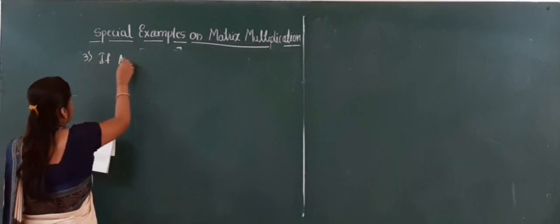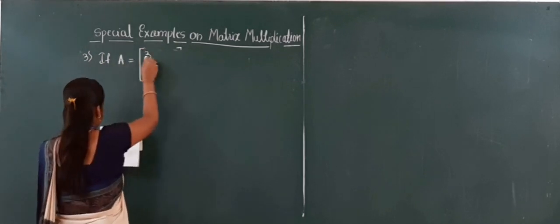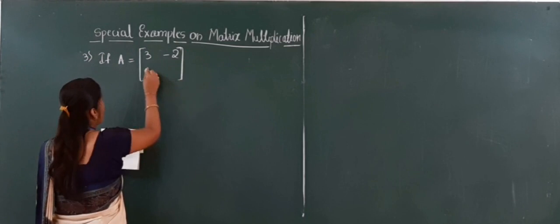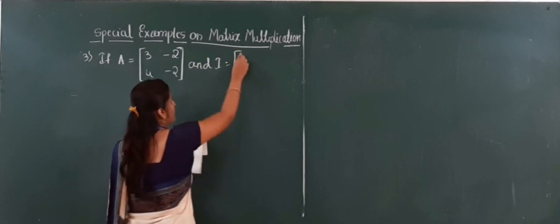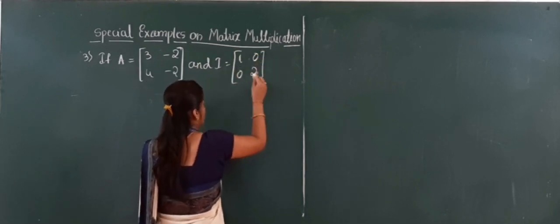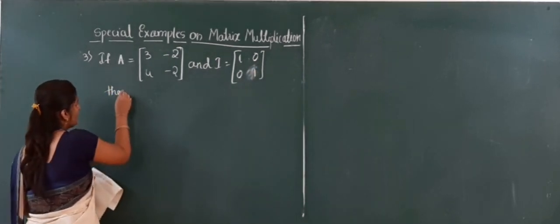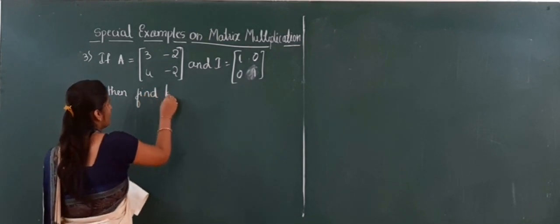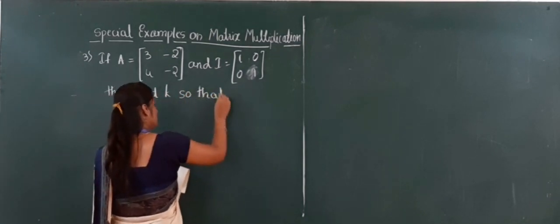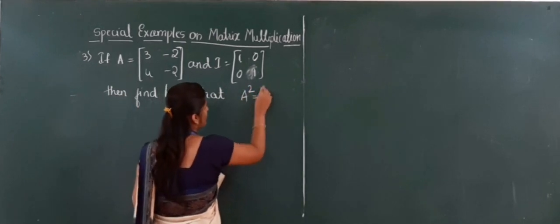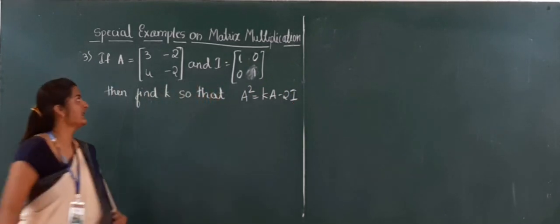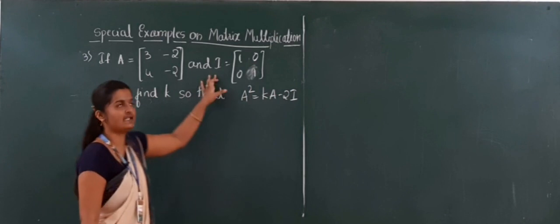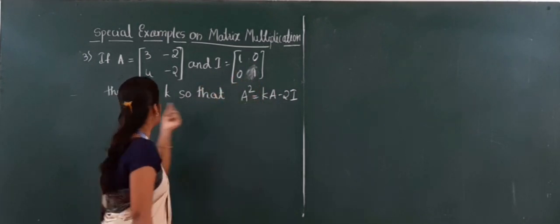If A equal to the 2 by 2 matrix 3 minus 2, 4 minus 2, and I equal to the identity matrix of second order, identity matrix means here 1 you have to get, then find K so that A square is equal to KA minus 2I. So here they have given that A is a 2 by 2 matrix, I is an identity matrix. Then we have to find the value of K.